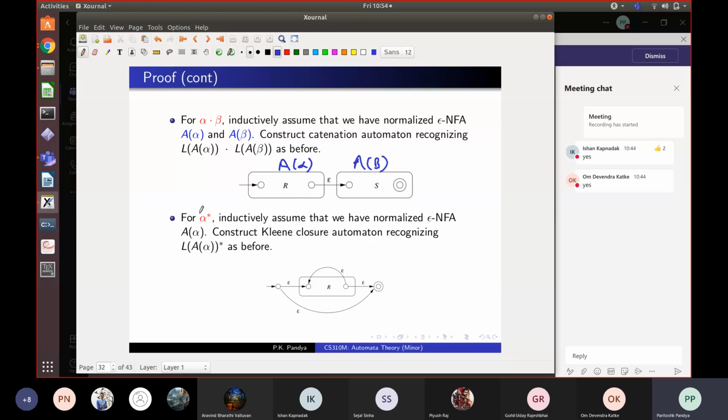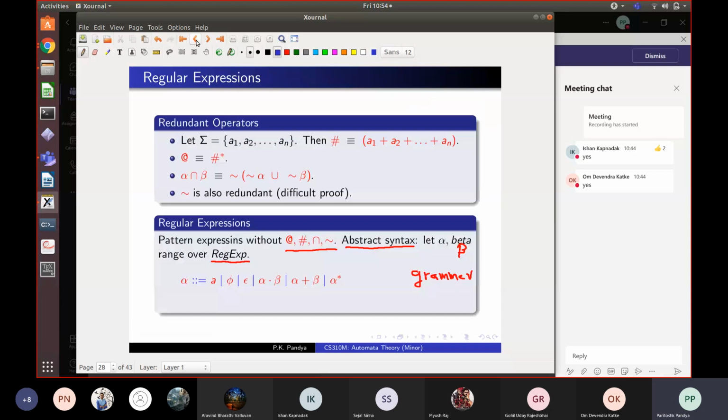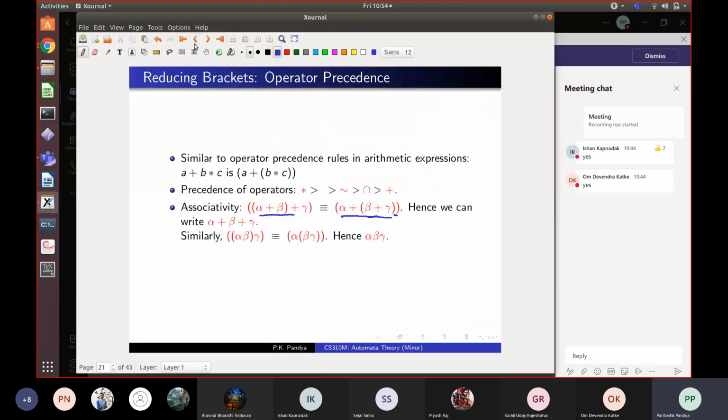If you know how to construct the automaton for alpha, you can construct the automaton for alpha star, because this is the automaton which takes the Kleene closure of a regular language, right? Given an automaton for a language, we can get an automaton for its Kleene closure using this construction, which we had seen in the last class. So given component automata of expressions, we can construct the automaton for the composite. And now we can work in the bottom-up fashion as before.